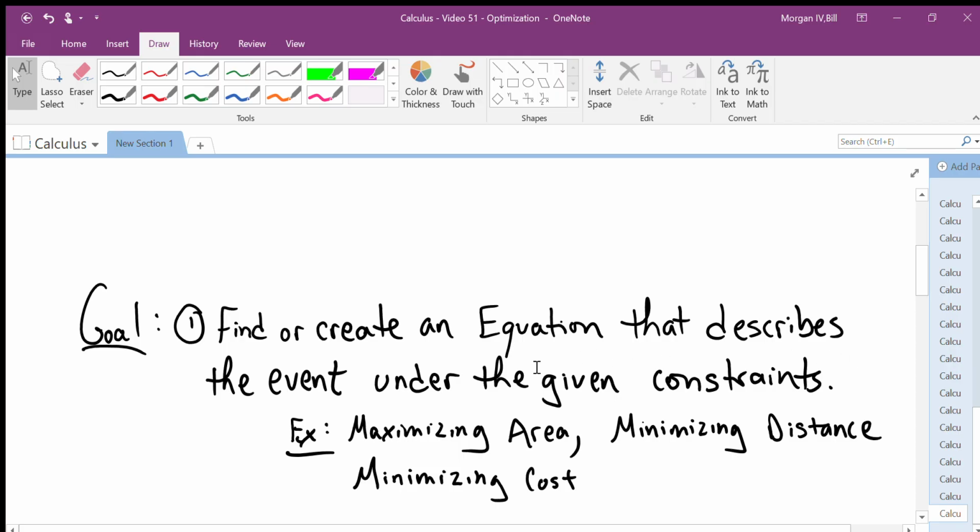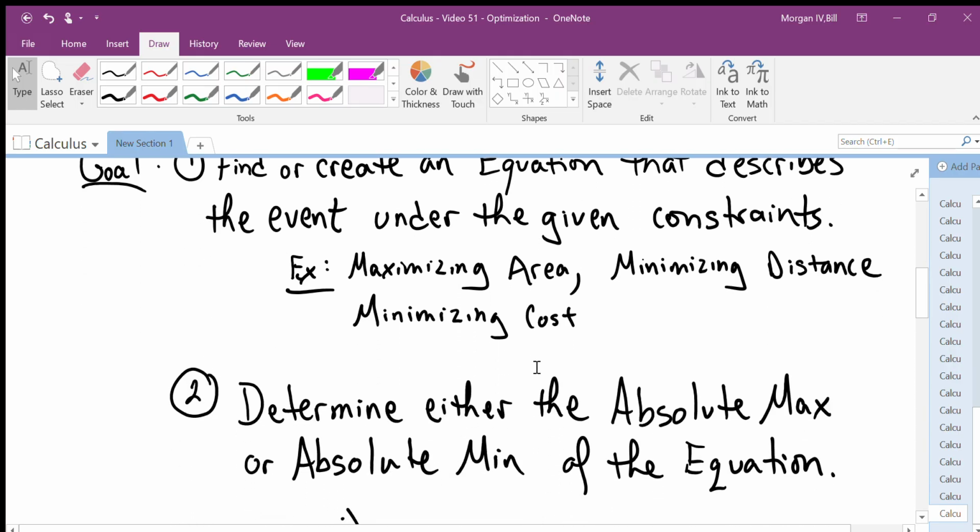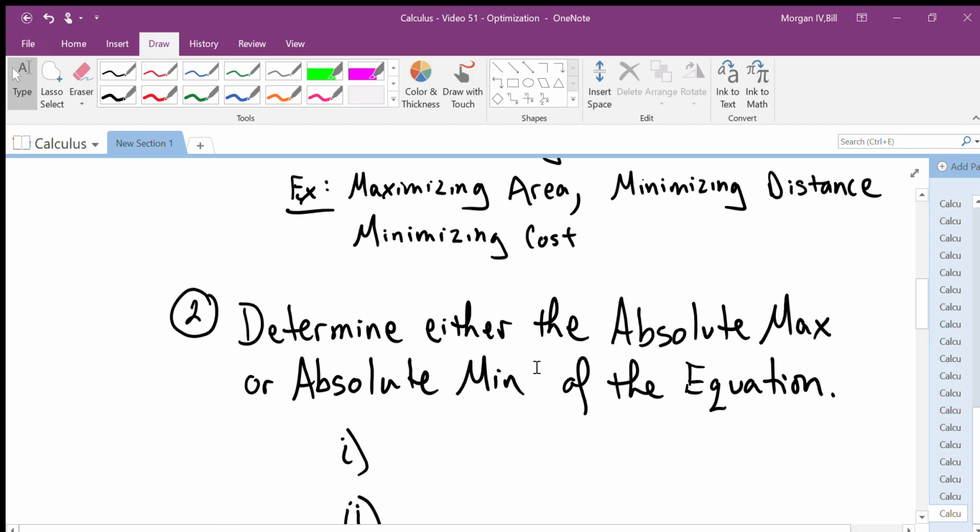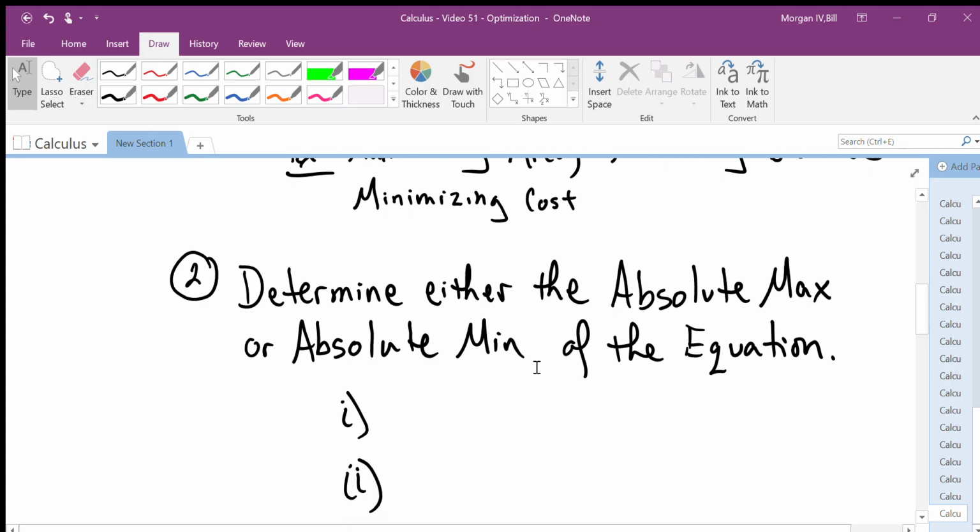Number two, we're going to determine either the absolute max or the absolute minimum of the equation. Again, which one of those will be determined in the problem. The problem itself will say minimize the cost or maximize the area. So we're finding one, but not both. If you remember, to find the absolute max or absolute min, we look in two places.